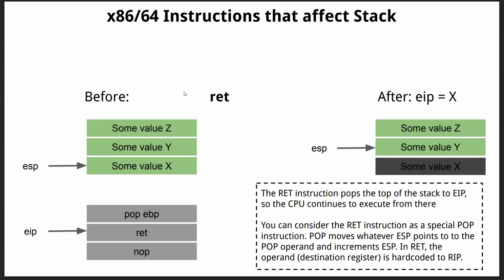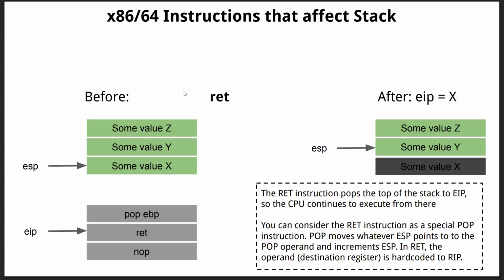Both the call instruction, the return instruction, and also the push and pop instructions will use the ESP or RSP registers implicitly. It's not really in the syntax. When you look at the syntax, push EAX, you do not say ESP or RSP there, right?